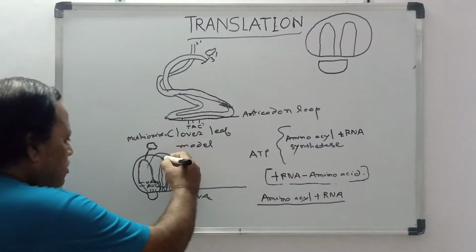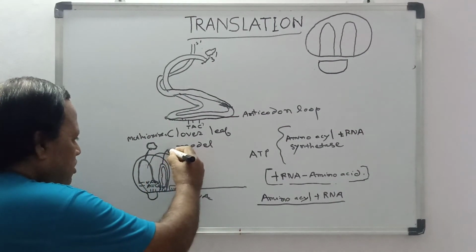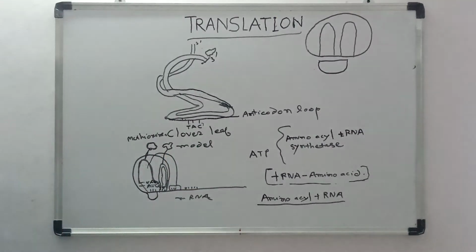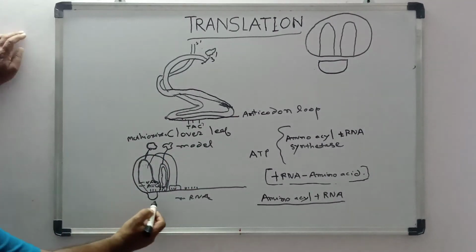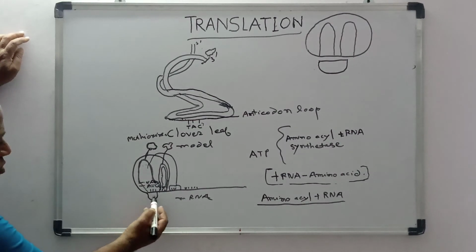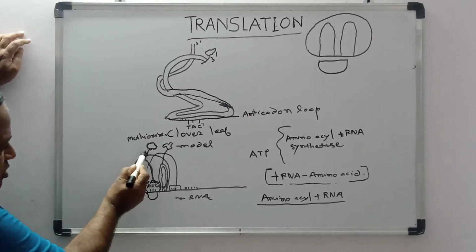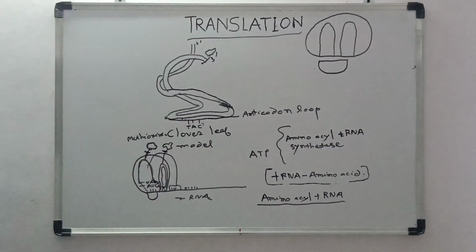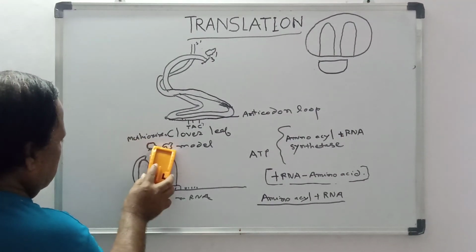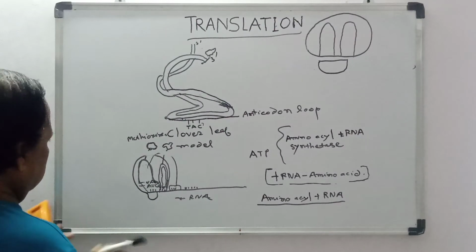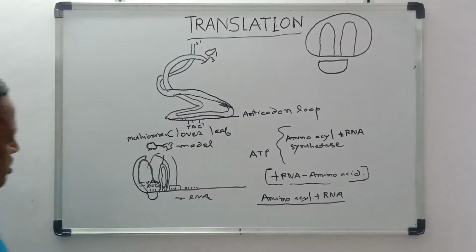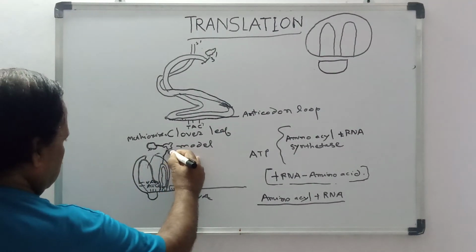Suppose there is another amino acid. Now due to enzymatic activity of the ribosome, this bond will break from here, and there is a formation of peptide bond between these two amino acids.